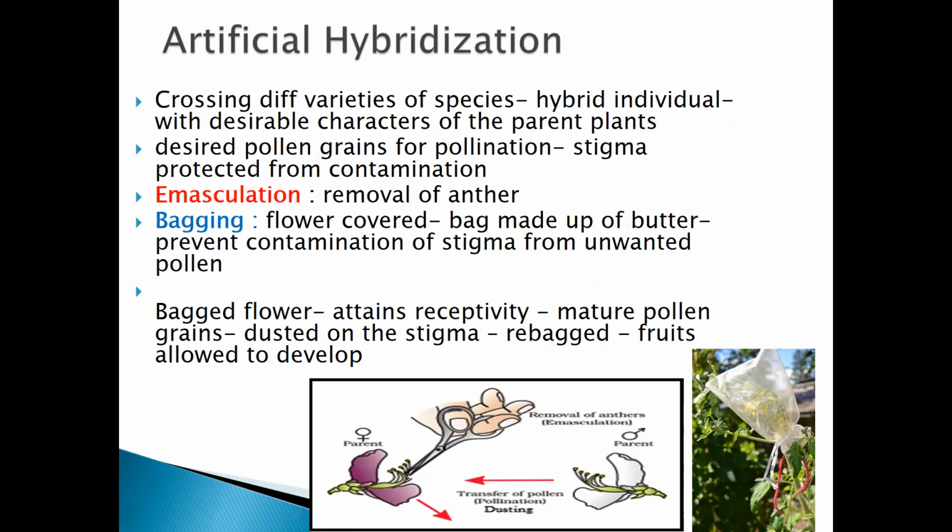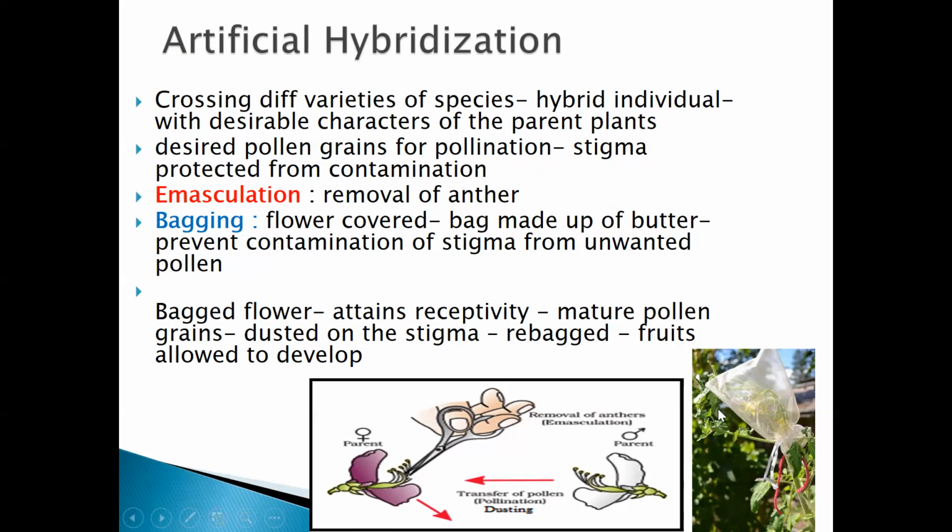Why is it said to prevent contamination? Because no other pollen grain should come and pollinate it. So because of that, the bagging is done. The question can be asked, why are emasculated flowers bagged? Emasculated flowers are bagged or covered to prevent contamination from other unwanted pollen grains.